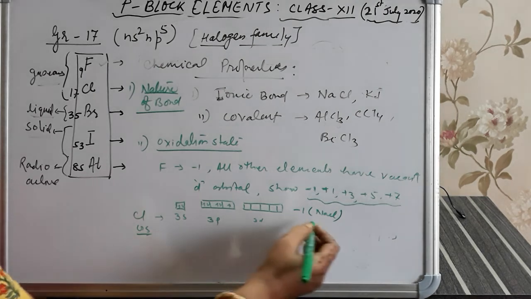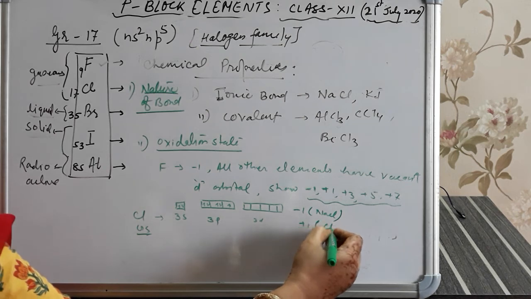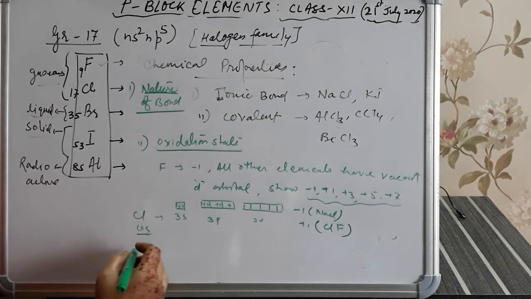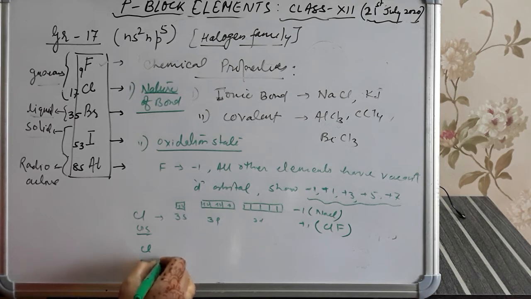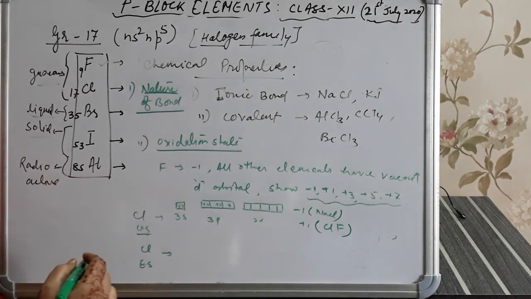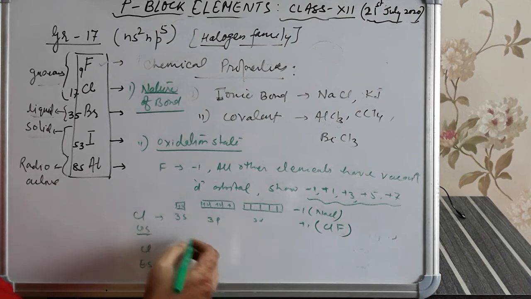But it can show +1 also with fluoride and chlorides of chlorine. But in the excited state, the electrons go into the d orbital and show the +3 oxidation state.